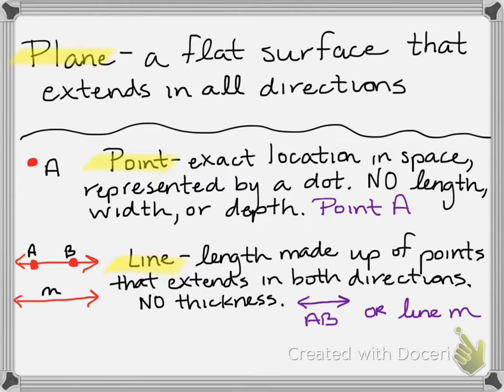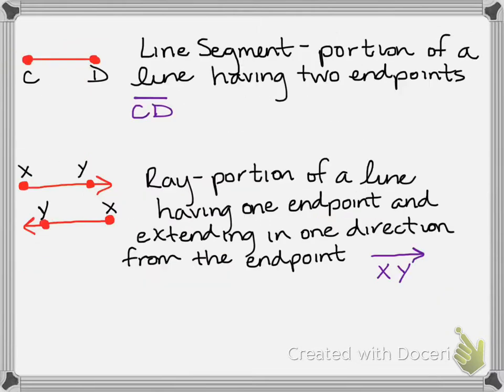Again, if you need to pause, go ahead and do so, but I'm going to keep going. The next one we've got is a line segment. A line segment is a portion of a line, and it has two endpoints. If you notice in my example, it has two endpoints instead of arrows. There are no arrows because they stop. It's only part of a line.